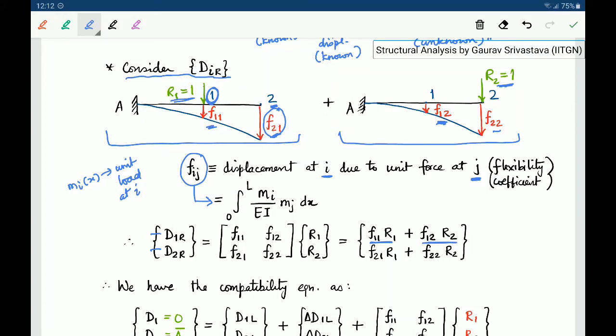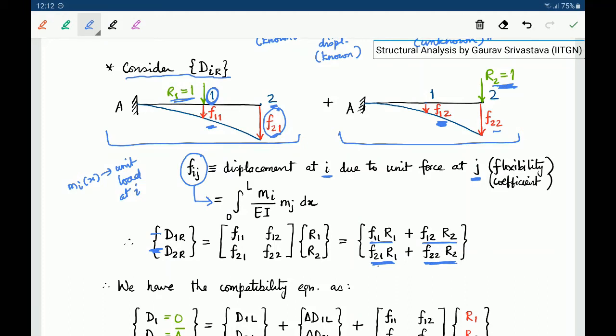Because F11 is the displacement with respect to R1 equal to 1 and F12 is the displacement with respect to R2 equal to 1. So we can multiply them by the respective redundant forces, and that will give the total displacement. Similarly, for D2R, we can write it as F21 times R1 plus F22 times R2, right?